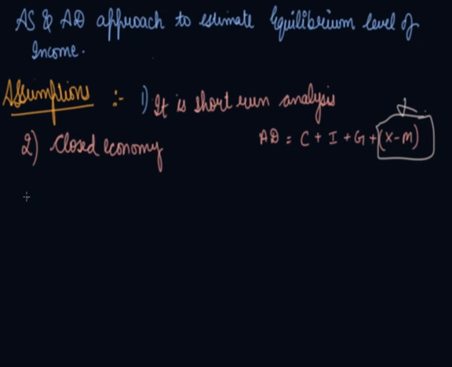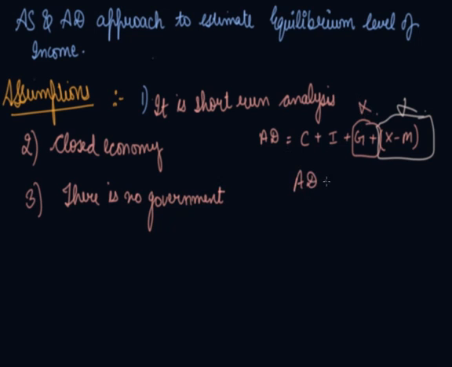Third, there is no government. In order to simplify, we assume that there is no government, so this expenditure is also eliminated from AD. Now, according to our assumptions, AD is equal to consumption expenditure plus investment expenditure only, as we have eliminated these two by taking the assumptions.